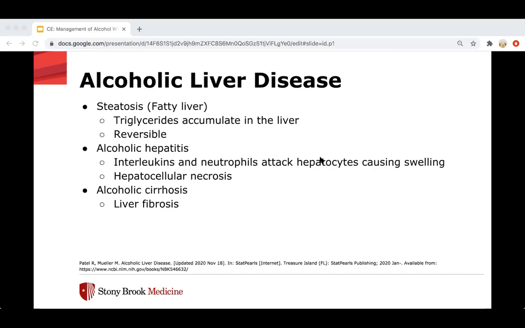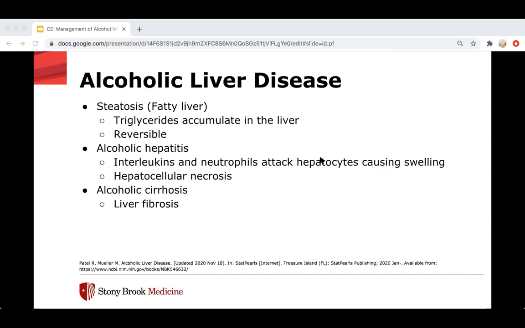It is reversible. So all of alcoholic liver disease at this point is reversible if they stop drinking. So alcohol abstinence is the mainstay treatment for alcoholic liver disease. We also will give nutrition support, but if they continue to drink, this will lead to alcoholic hepatitis. So this brings the immune system into play, and actually interleukins and neutrophils attack hepatocytes, and this causes swelling and ultimately hepatocellular necrosis.